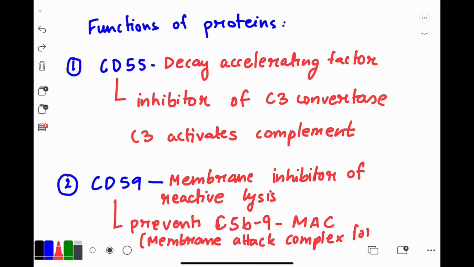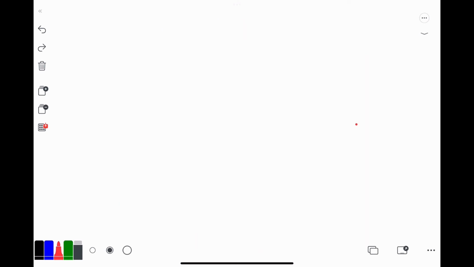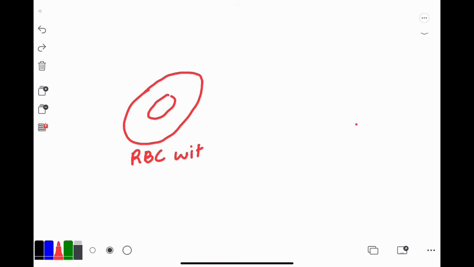All of these form the membrane attack complex. So CD59 prevents its formation. Now what will happen if there is activation of complement? Let us see what happens in PNH. Because CD55 and CD59 are absent, only these two are important in the pathogenesis. The C8 binding protein is not that important.